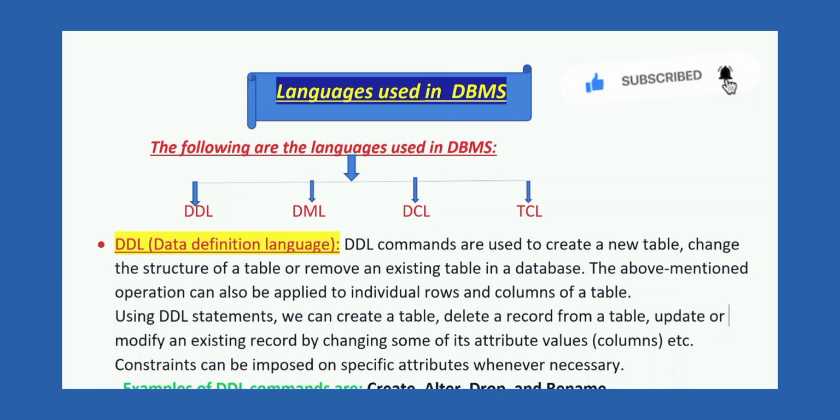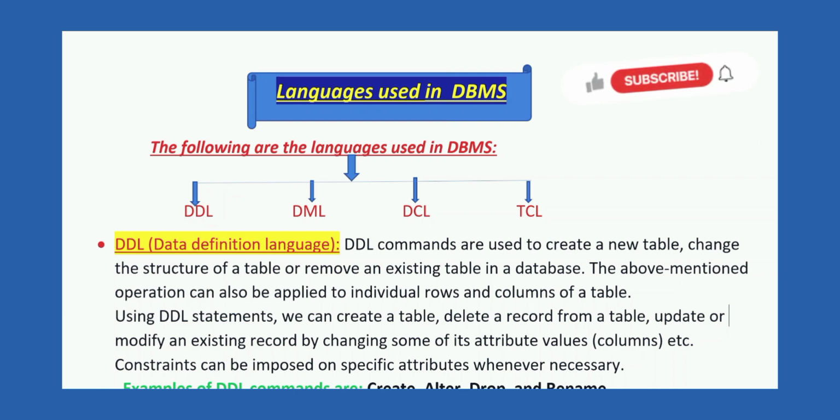So, in database management system, to perform all these operations, to create a table, to insert records into the table, to update or alter or modify the table, or to delete the table, we have different languages which we are using in SQL. So, there are four categories of languages which we are using in this database management system.